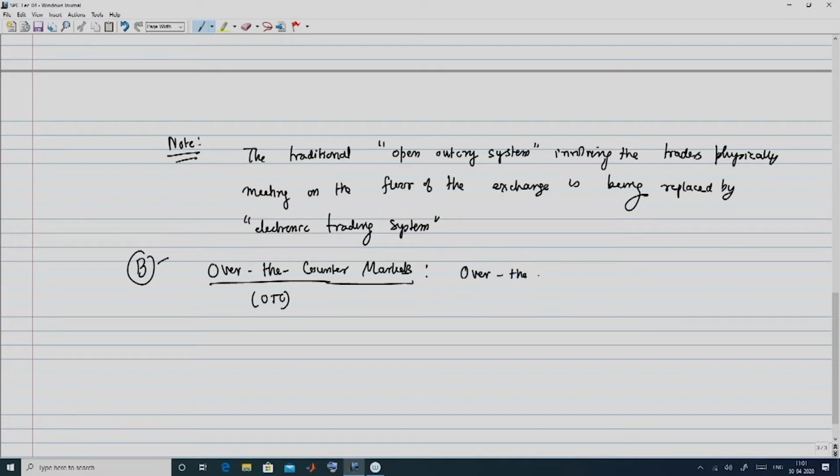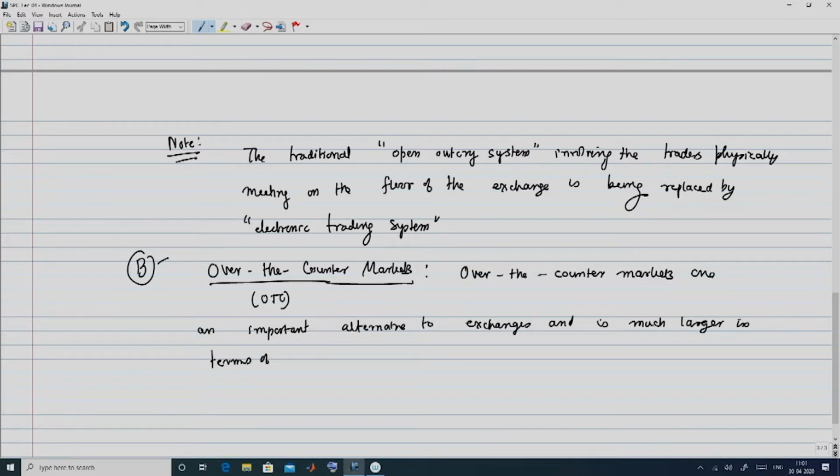Over the counter markets are an important alternative to exchanges and, more importantly, much larger in terms of the total volume of trading as compared to the exchange traded markets.